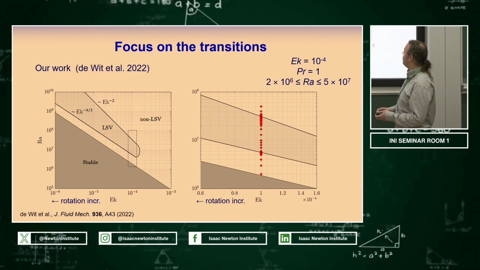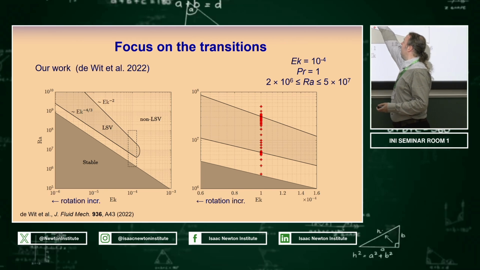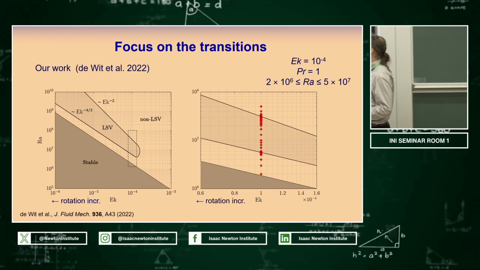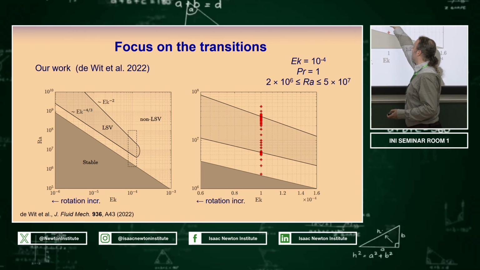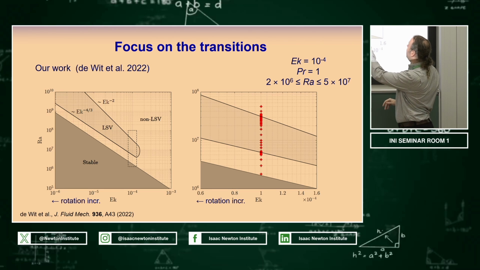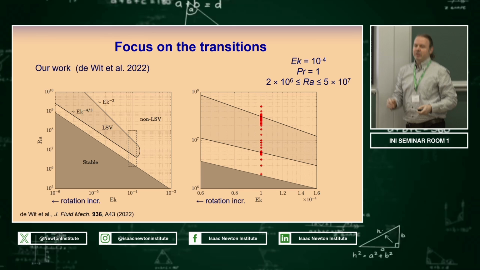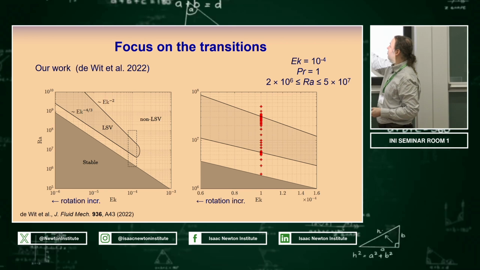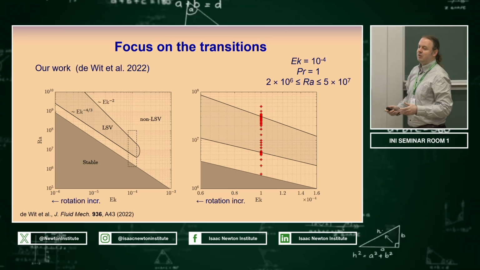But we were interested in paying close attention to these transition ranges. There's a transition at the lower Rayleigh number end, and then of course a transition at the high Rayleigh end.